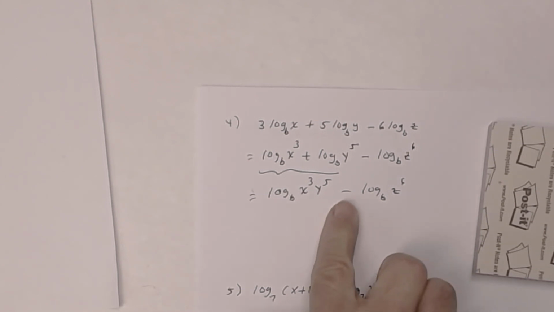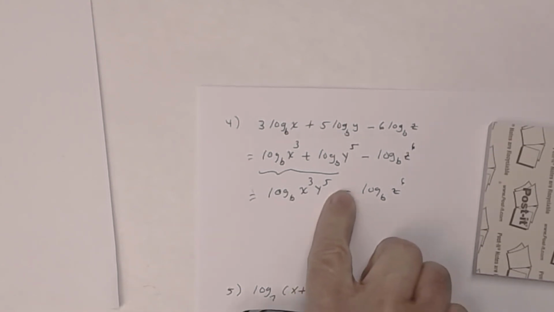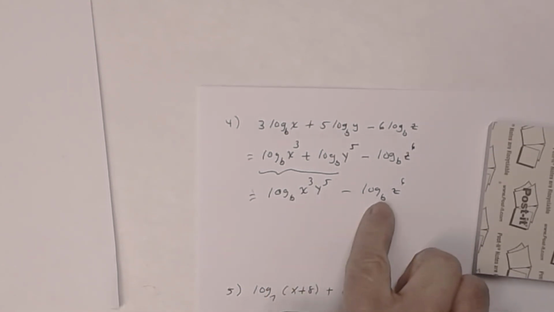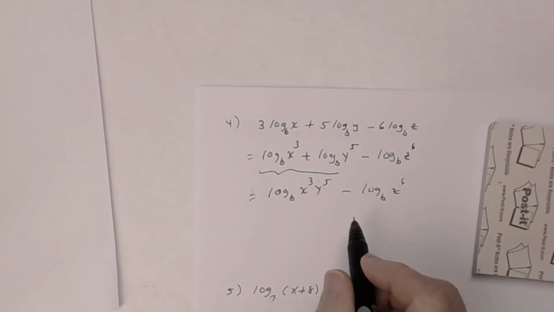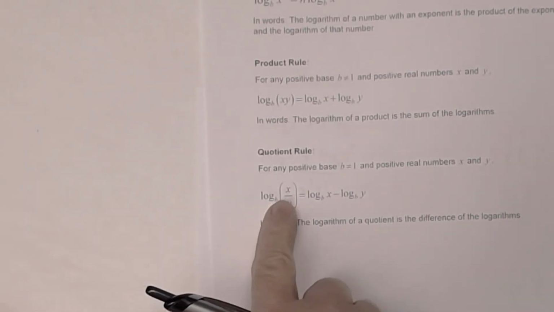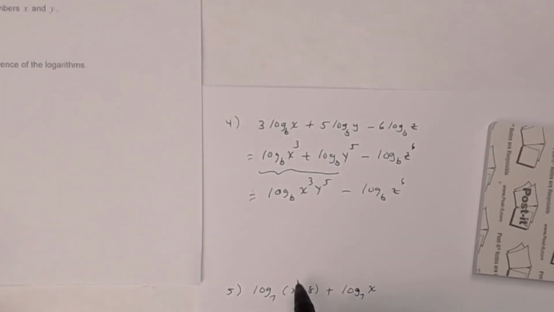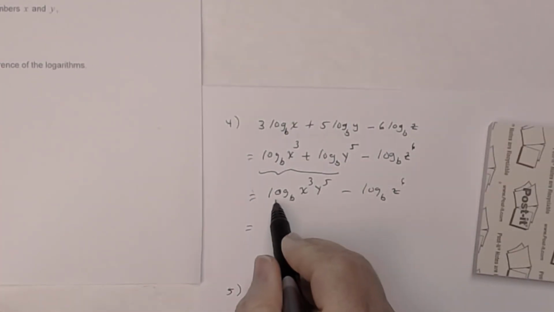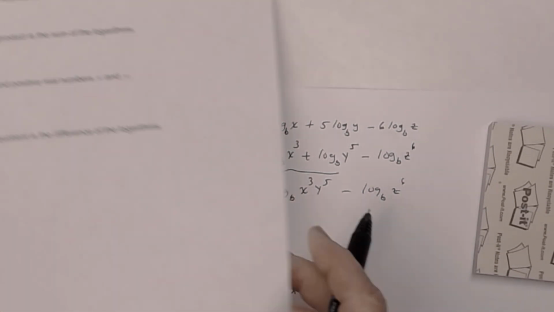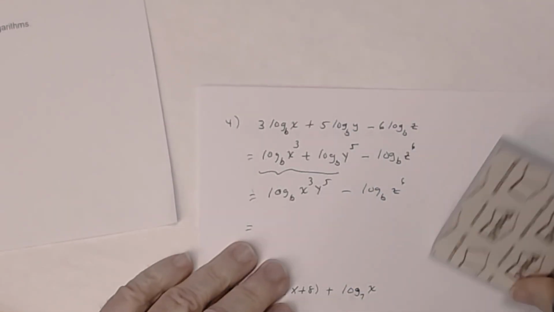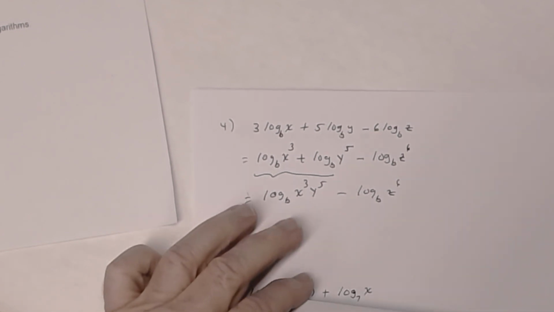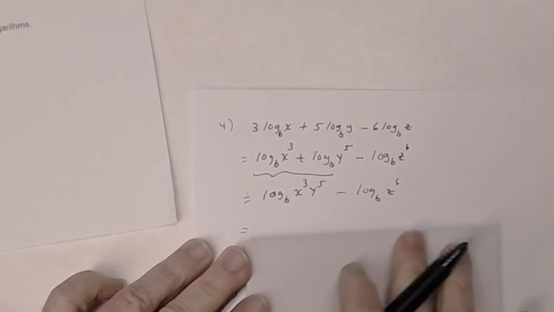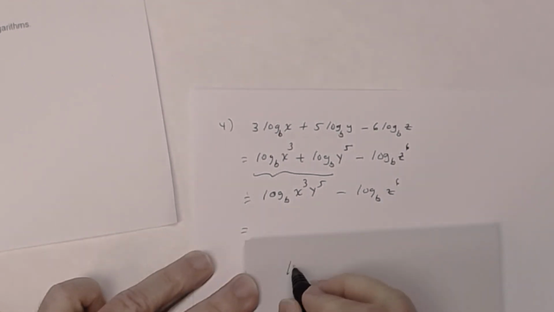Okay, now finally, we have a subtraction of 2 logs, and the bases are the same. So that means then I'm going to write this as a quotient. So it'll be the log, a single logarithm. So remember, single logarithm. Don't make the mistake. A lot of students do this. They make the mistake and they write this as this, and that's incorrect.